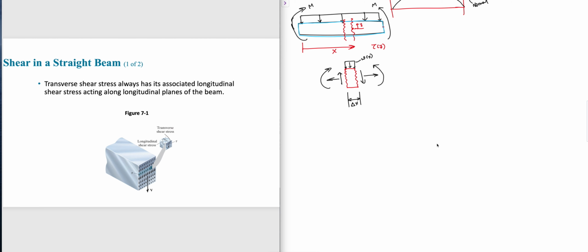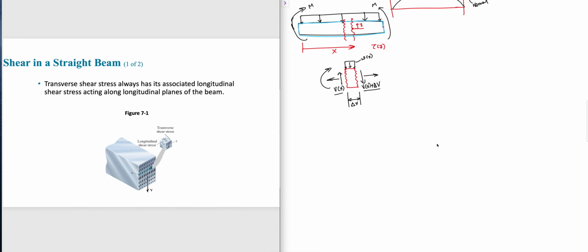So this is the shear force V of X. Let me write it, V of X. And this is the shear force, which is V of X plus delta V, isn't it? The delta V is because if this is V, it can be plus or minus V. The shear force changes, isn't it?